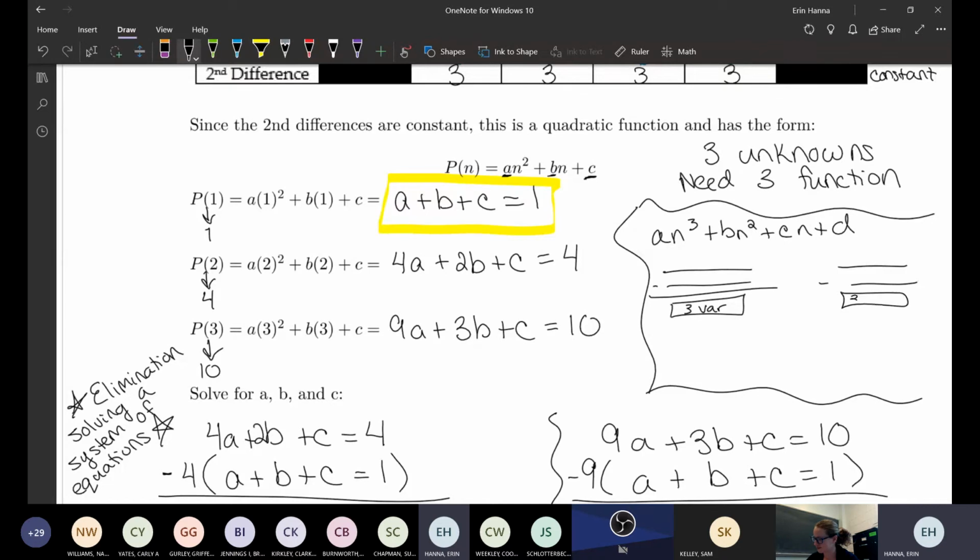Equation, get some in 3 variables. Equation, get some in 3 variables. And then once you found those 3, you would start this. So it just keeps building upwards the more unknowns you have. It's the same type of process, you just have to do it a lot more times. I don't think I will ever give you a cubic because I wouldn't want to do a cubic myself, but that's how it would work.